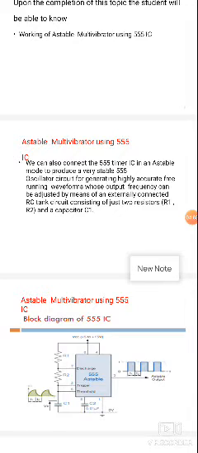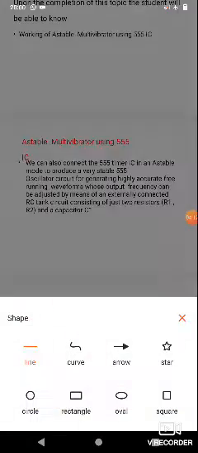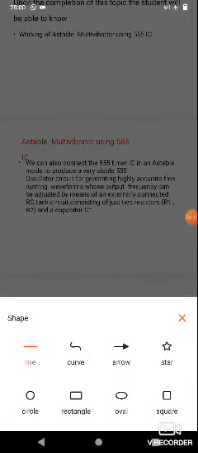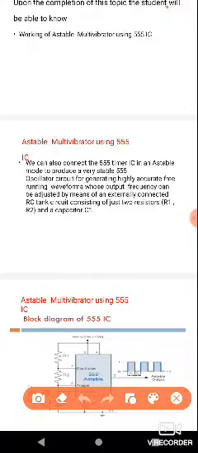Astable multivibrator: the name itself stands for no stable state. A monostable multivibrator consists of a single stable state and one quasi-stable state. Quasi-stable means not stable.